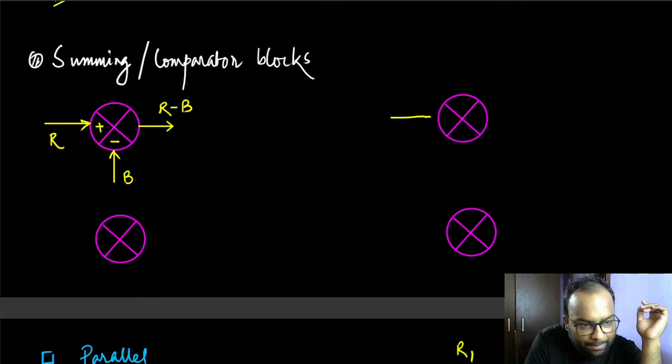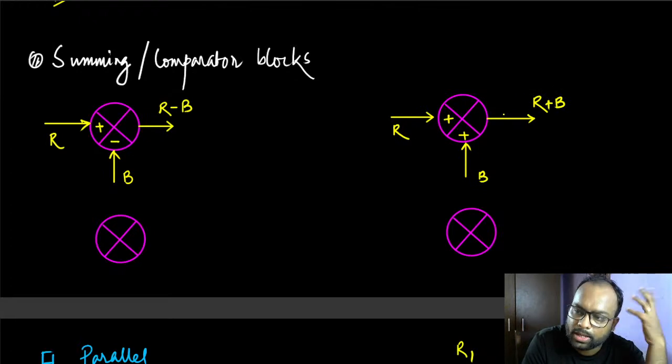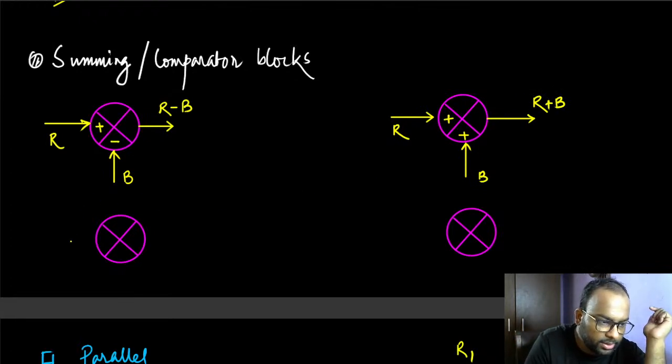The same thing can happen in a slightly different fashion. It could have a plus sign. If this is R and this is B, the output is going to be R plus B. Same thing.